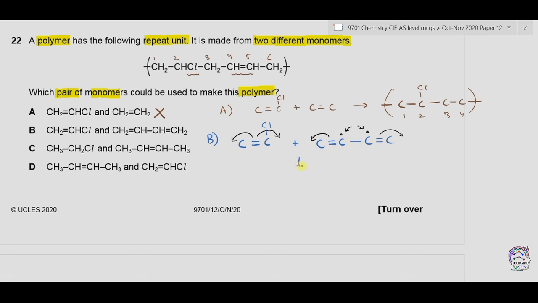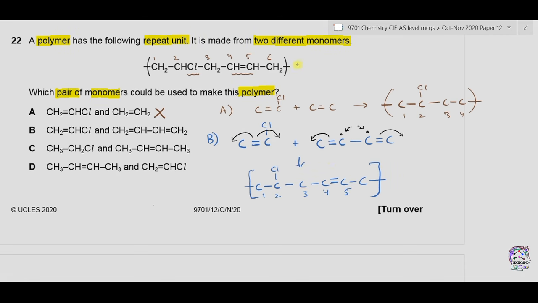Let's draw the structure of polymer that is formed. We have carbon, carbon, then chlorine atom present on the second carbon atom. Then we have 4 carbons. And a double bond is formed between these 2. Now chlorine is on second carbon, while double bond is present between fourth and fifth.